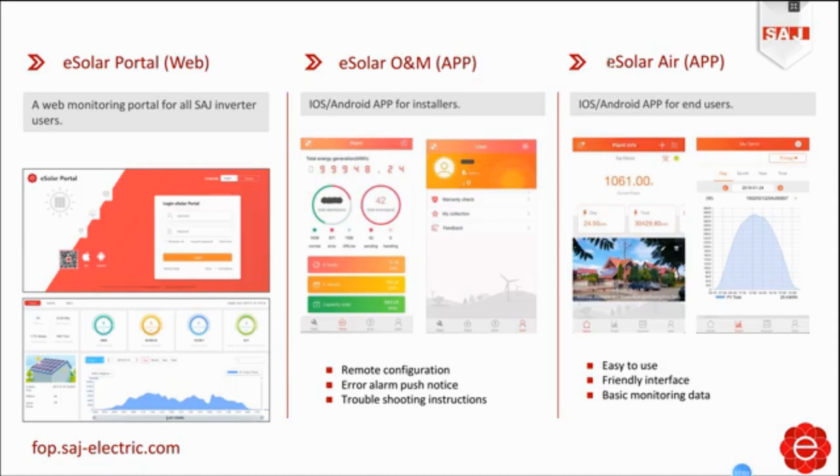And then the other application on smartphone is eSolar Air. For all the final users, they log in with this eSolar Air application. The idea of designing this application is to minimize the functions.